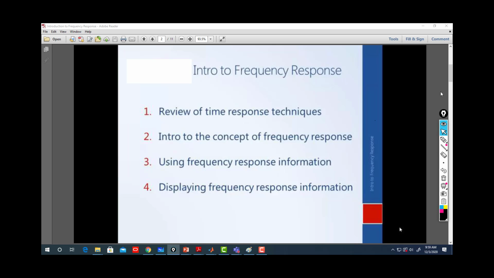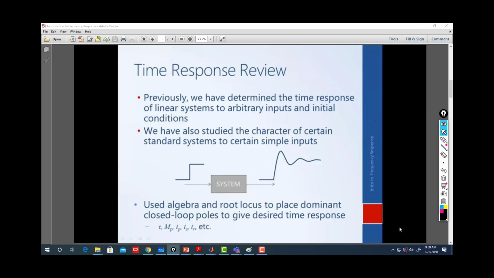Frequency response in general, as we were doing time domain response, here is frequency response. We have determined previously the time response of linear systems to arbitrary inputs and initial conditions. Arbitrary inputs, we were looking at three types: step, ramp, and parabolic inputs.